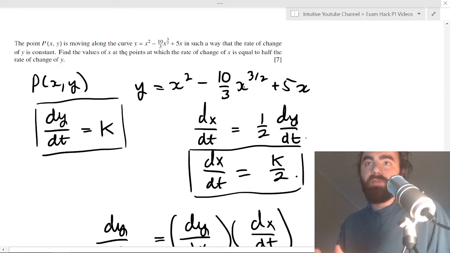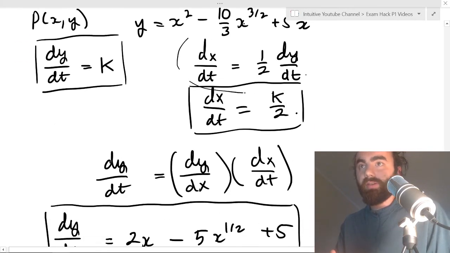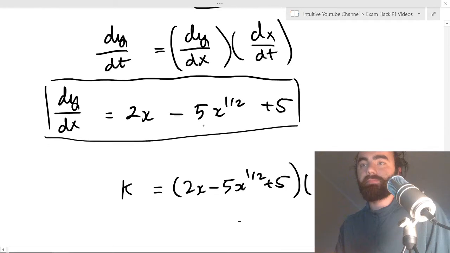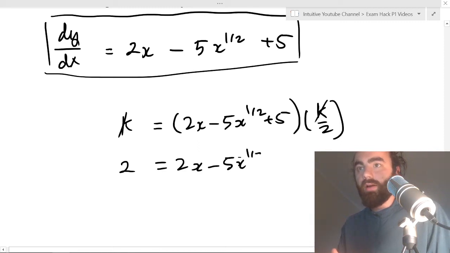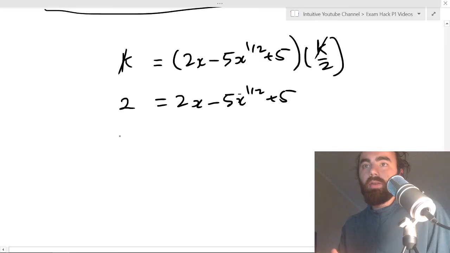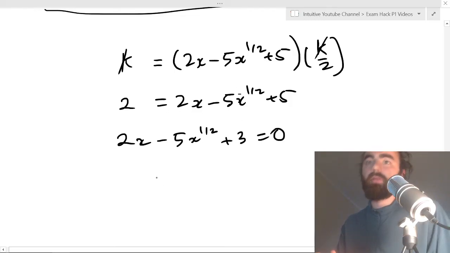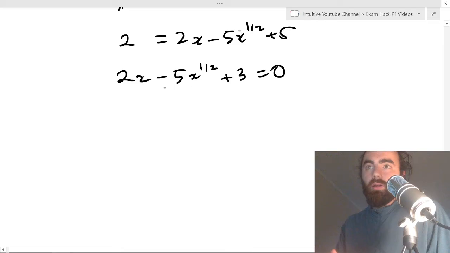And then if we solve this equation, we're finding the values of x for which this is valid. So these k's will cancel, and we can times by 2, so we get 2 equals 2x minus 5x to the half plus 5. And then if we take the 2 over, we get 2x minus 5x to the half plus 3 equals 0. Well, now we can do a substitution to work out this x.